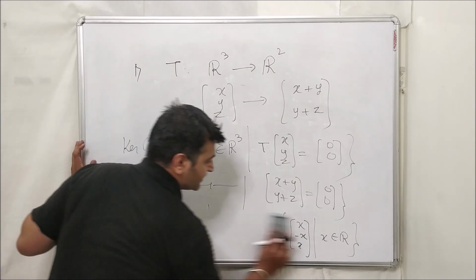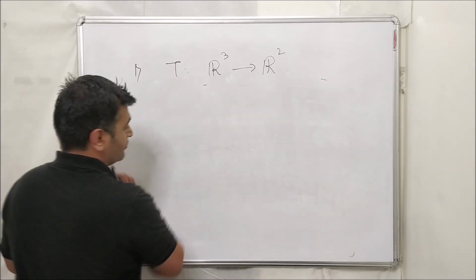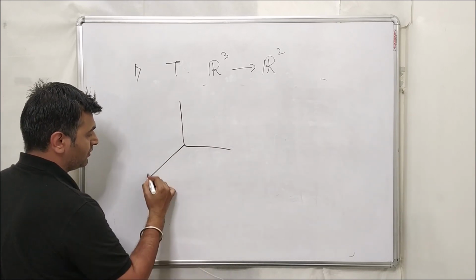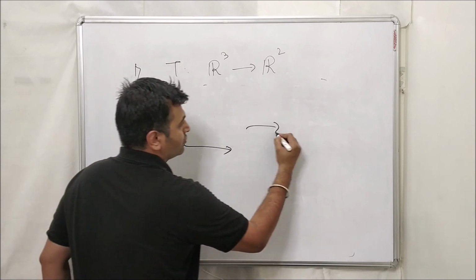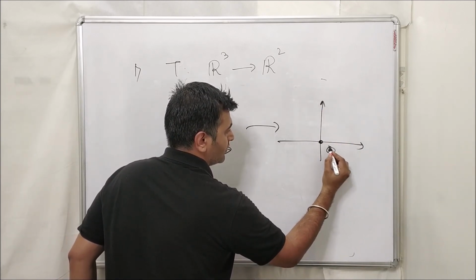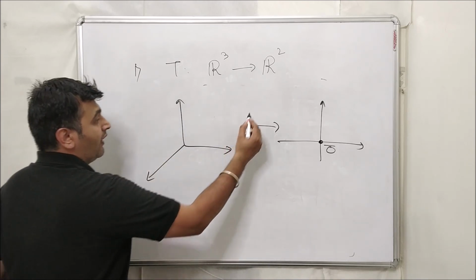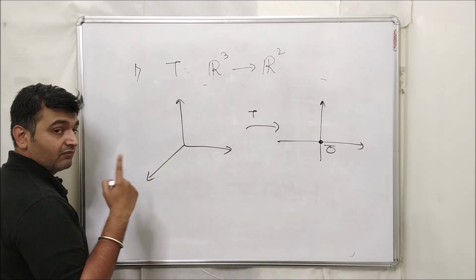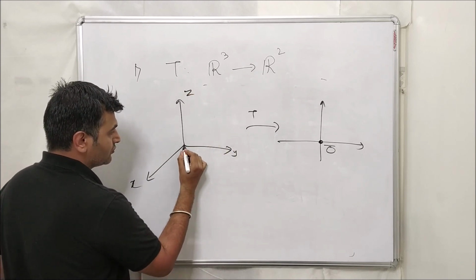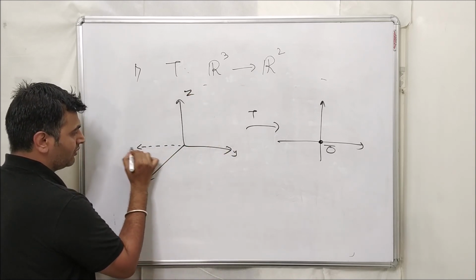If you want to see this pictorially, you have a function from R3 to R2. This is your 0 vector, which is (0, 0). If this is my x, this is my y, this is my z, so this is negative y.